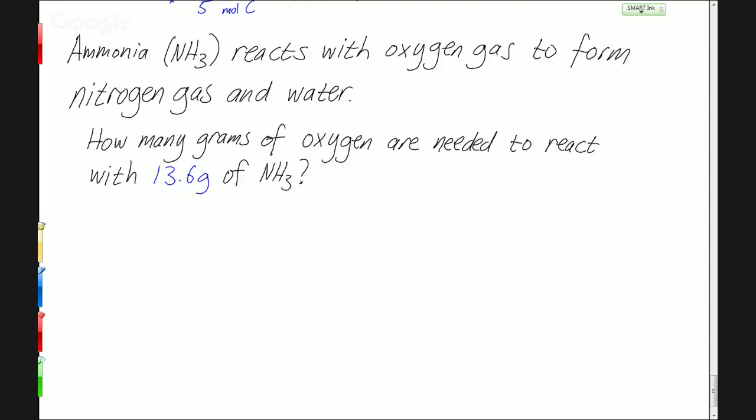So this is the type of question that we're interested in answering now. Ammonia reacts with oxygen gas, does some reaction. How many grams of oxygen do we need to react with 13.6 grams of ammonia? The first thing we need is to know what ratio these things are going to react in. Is it 1-to-1? Is it 2-to-1? Is it 3-to-2?